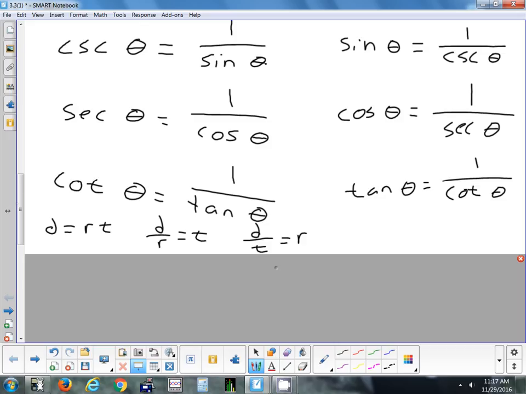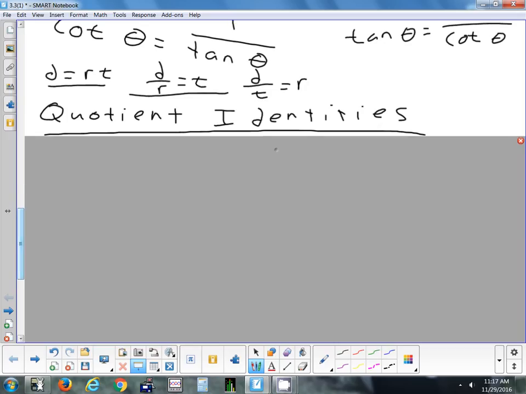So we're not going to take every single formula and write it every single way that you can. What's on the left and what's on the right are exactly the same thing, just like this and that are exactly the same thing. It's just rearranged. Okay, so those are our reciprocal identities. You flip one to get the other.